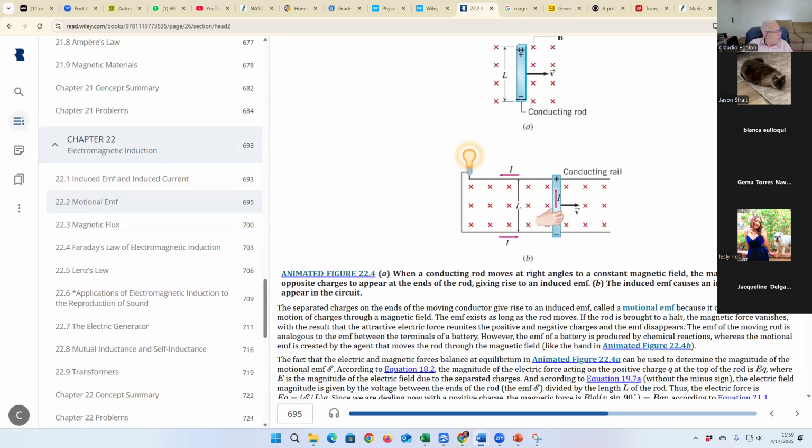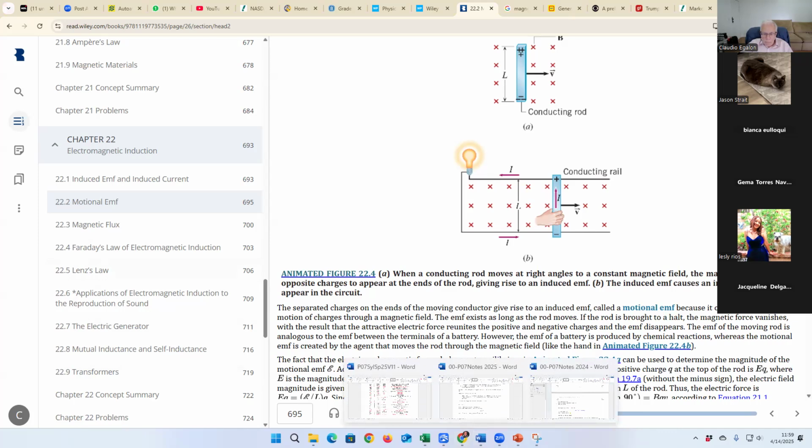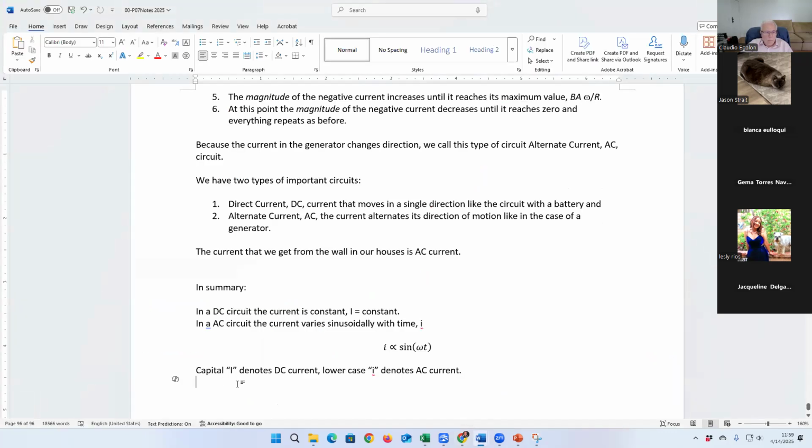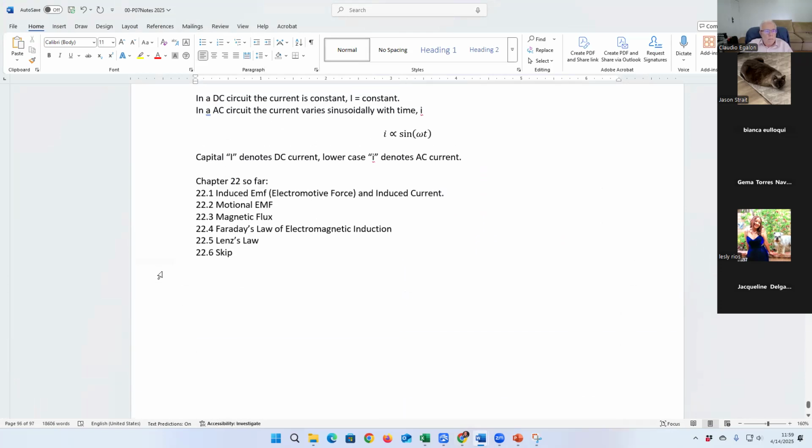Okay, so let me copy and paste. Induced electromotive force, 22.6.